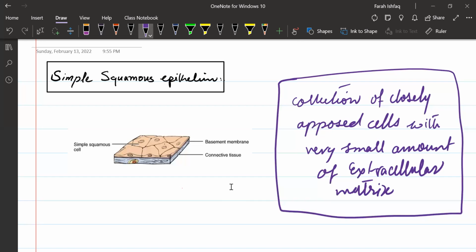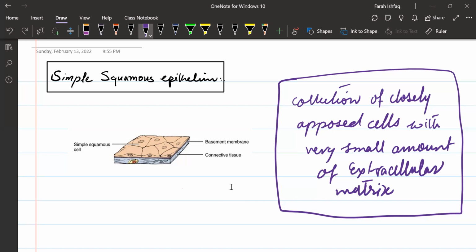So this is the definition of the epithelium: closely opposed cells in a very small amount of extracellular matrix.